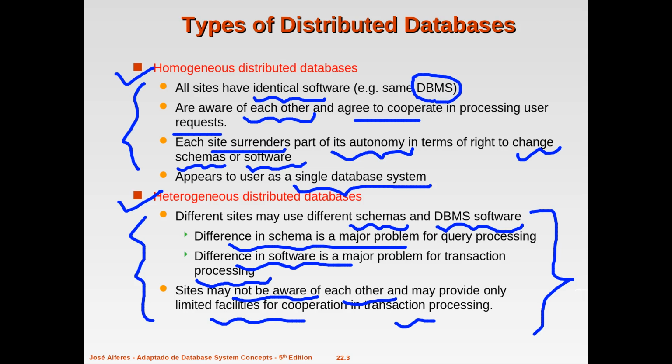In that situation we need to do some additional operations as part of the DBMS system to make these two work on a common platform, to bring the schemas into a common format and to bring the software facilities into a common format, and those additional activities are to be done as part of heterogeneous distributed databases. So it is a slightly complex database system, and we are using heterogeneous distributed databases also, but it is always better, or easier, to use homogeneous distributed databases in practice.